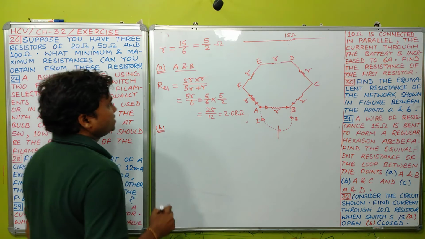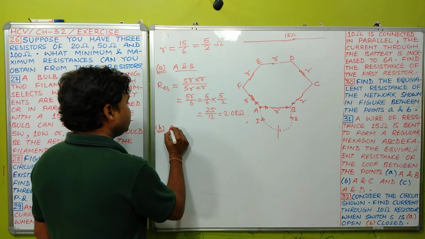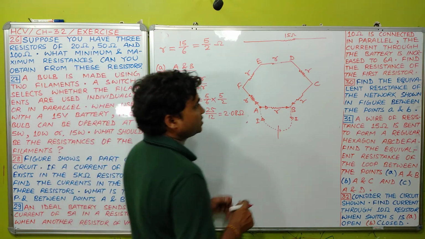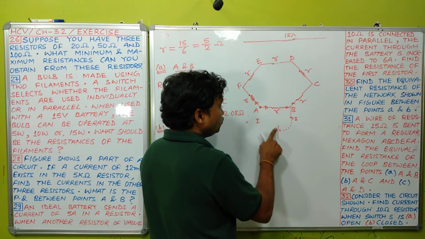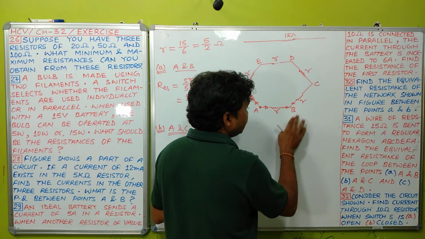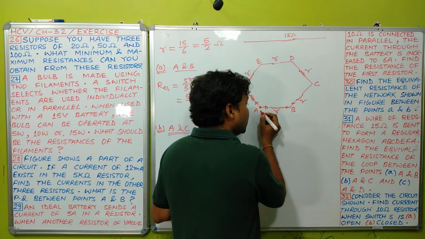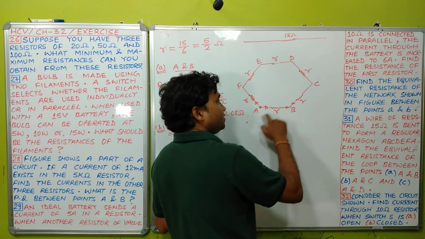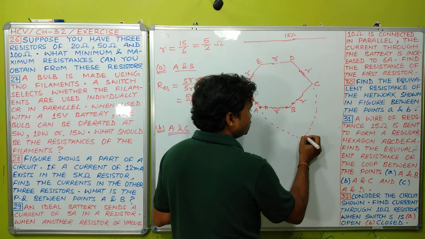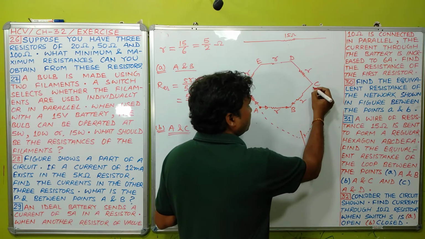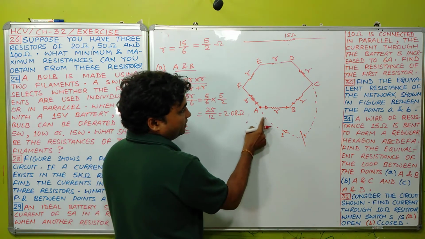Let us see the next part, between A and C. Again in this case we have to find the equivalent resistance between A and C, so we assume that a battery is connected between A and C. For the second part I am drawing the next figure. Now if current I is running through here, it will be divided here.